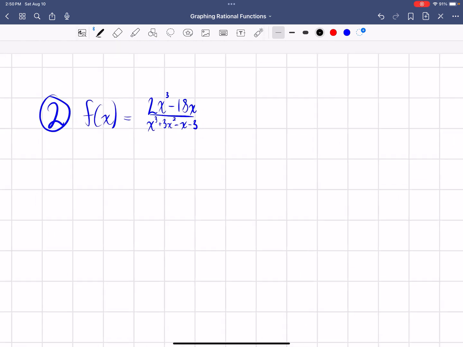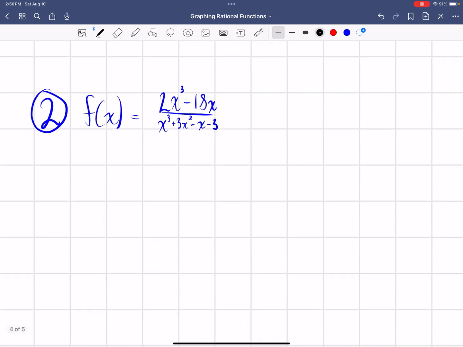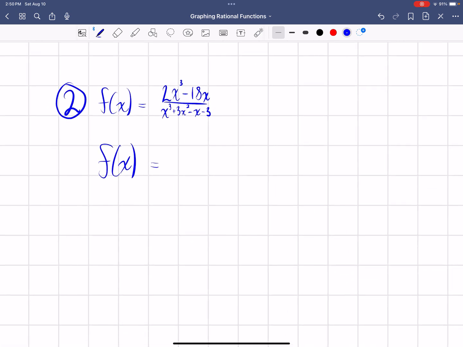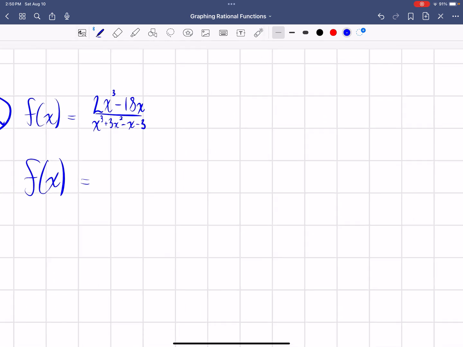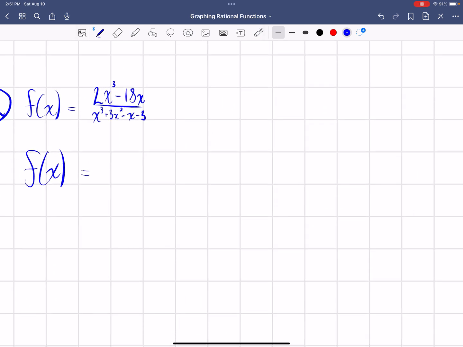Let's take a look. So step 1, per the usual, is to factor everything. So what we'll do is, we can do a GCF on the top, right? And actually, let's save ourselves a little bit of work here so we don't have to write everything down so many times. We'll just take these expressions, the numerator and the denominator, and we'll just factor them over on the side so we don't have to keep writing so many things.